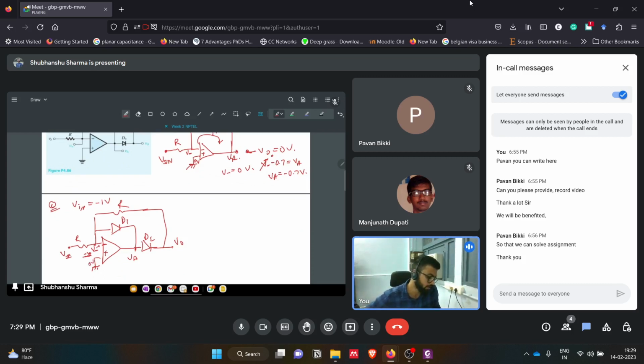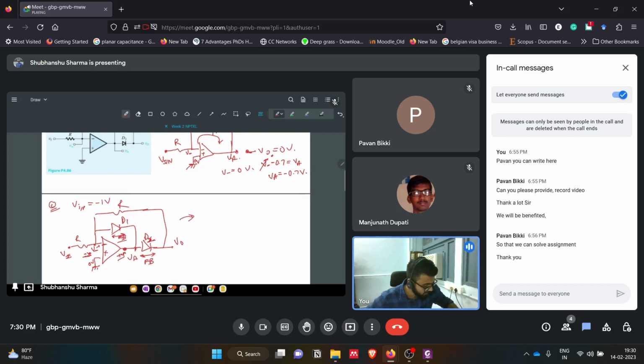So the output will be positive. It will make this diode forward biased, but at the same time it will make the other reverse biased. So how will the circuit look?